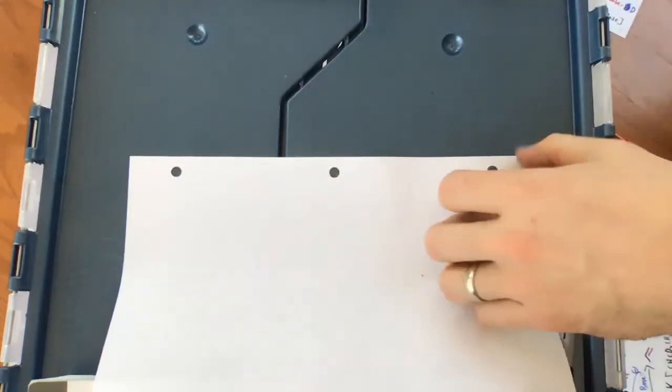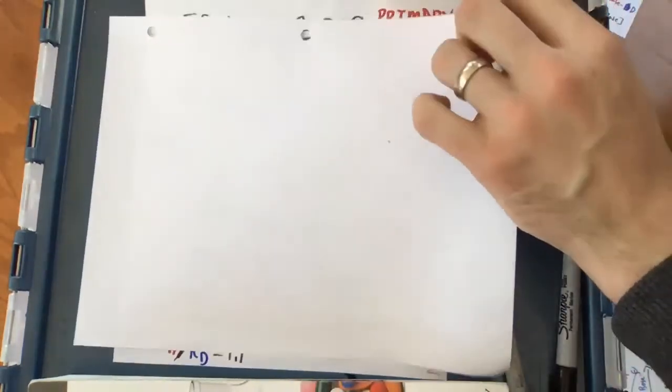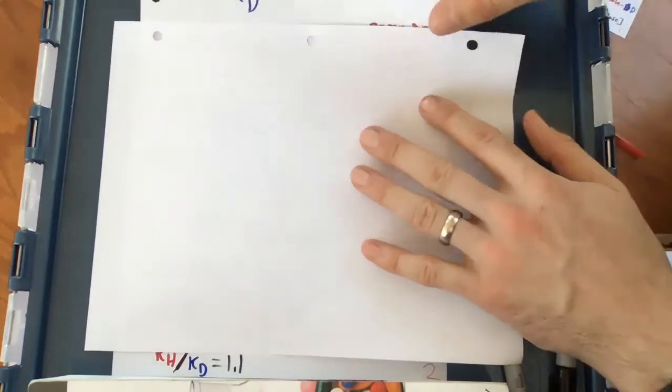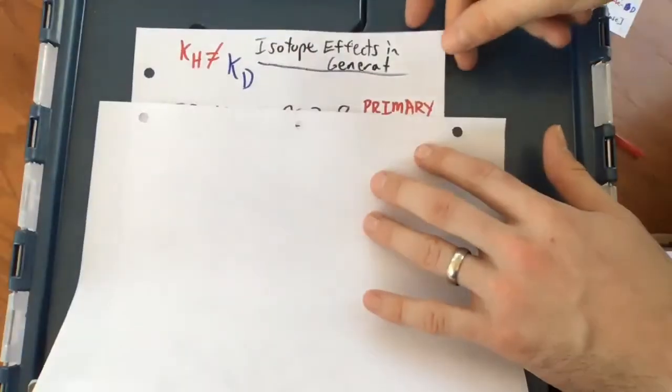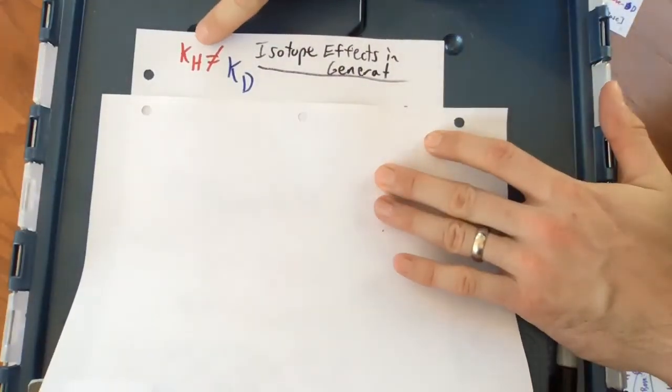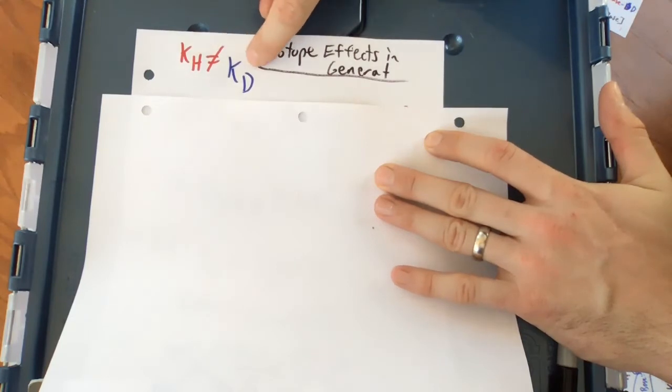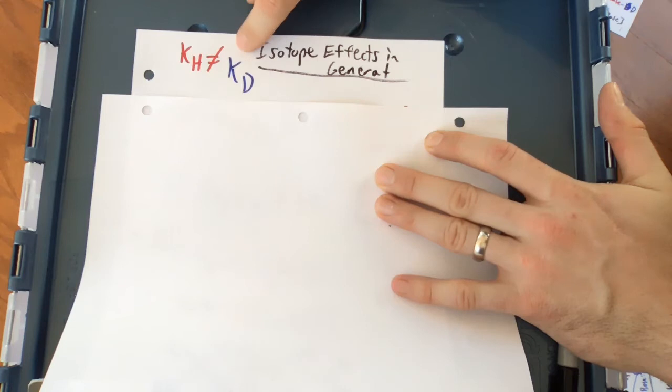And this brings us to talking about isotope effects in general, now that you've seen how one of these reaction studies can go, because the most important part about isotope effects is that the hydrogen version does not equal the deuterium version. That is, the rate constants are not equal.